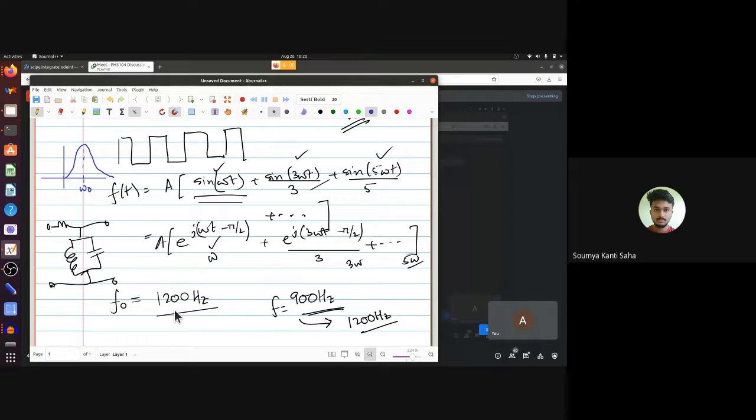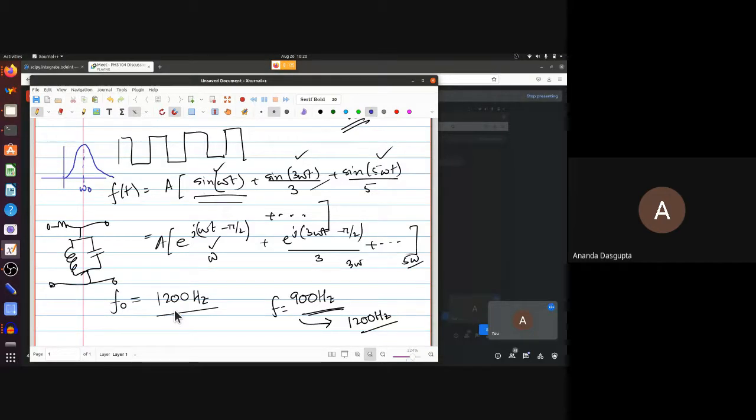Sir, 1200 is not an odd multiple of 100, right? Right. So since the square wave only has odd harmonics, if you put in 100 hertz input, you will get 100, 300 hertz sine waves, but you will not get 1200, so you will not get a peak.